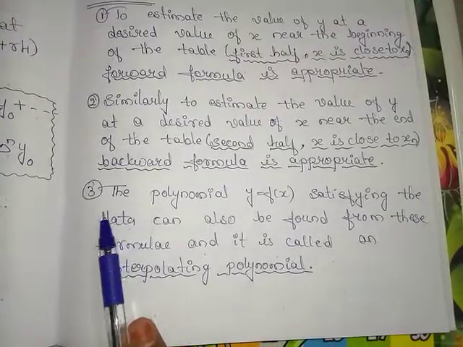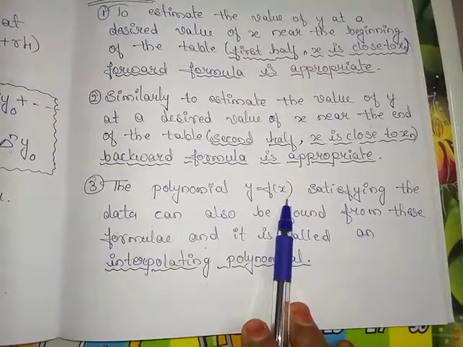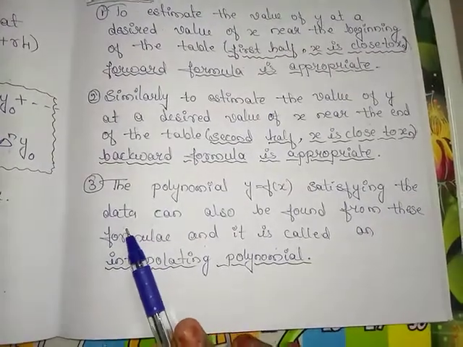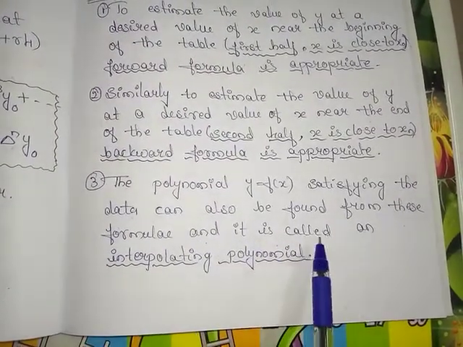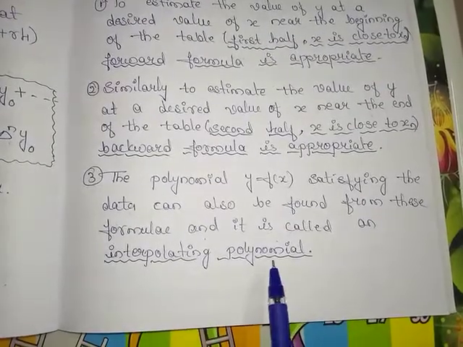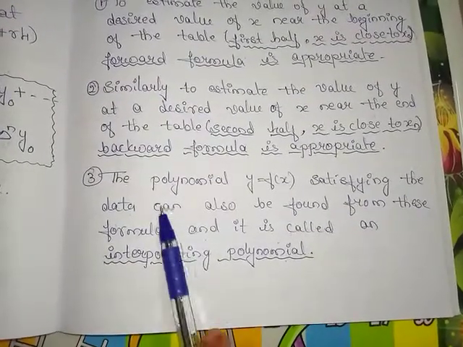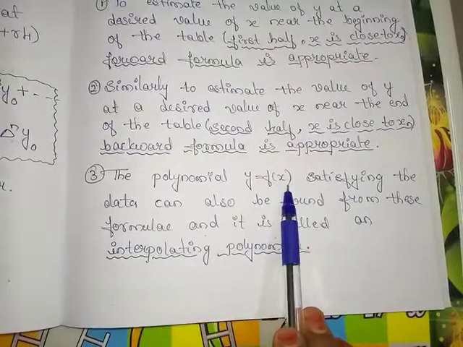Then the third point: the polynomial y is equal to f of x satisfying the data can also be found from these formulae, and it is called an interpolating polynomial.